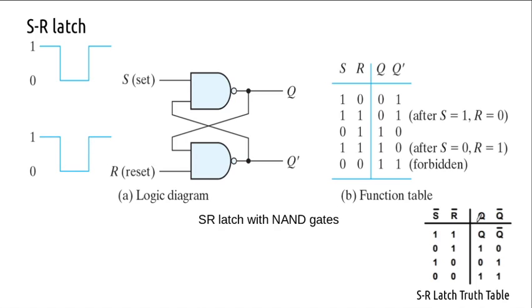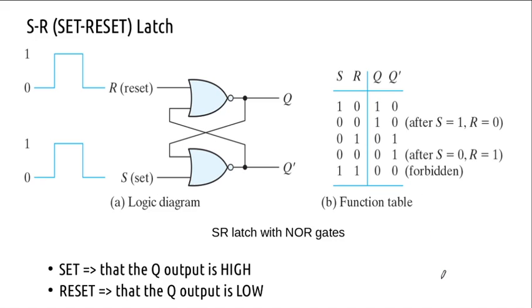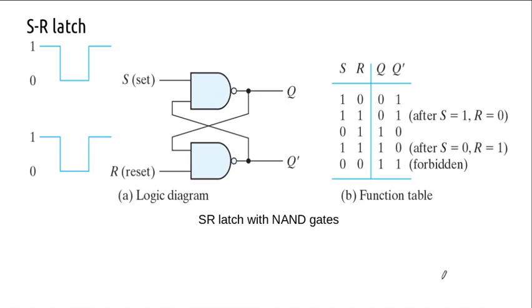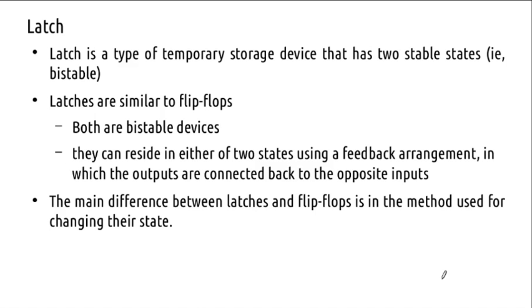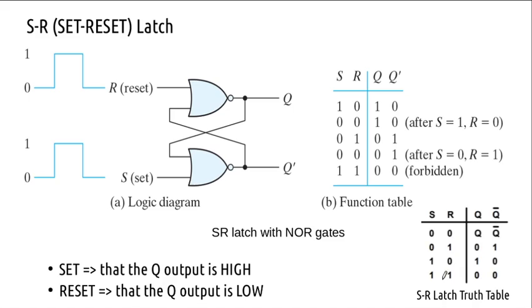And the truth table is the same. In the last case, what we said earlier was that 1 is don't care.